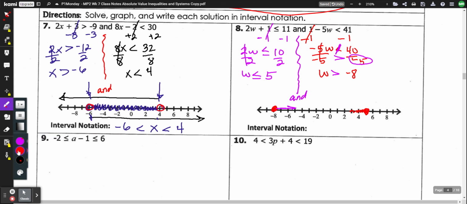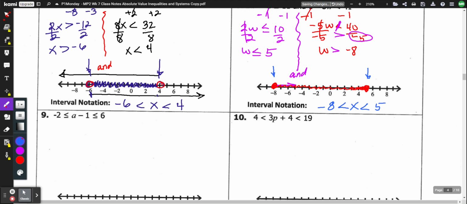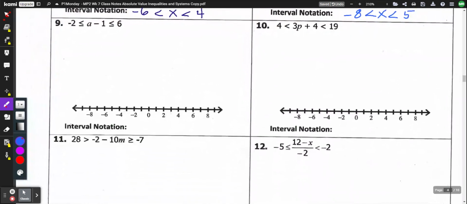So those are my 2 endpoints. I'm going to shade this part of the number line. Interval notation, negative 8 less than x less than 5. Okay.